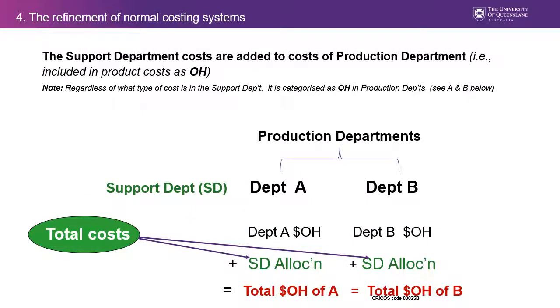So we might find that our support department costs are added to the costs of the production department. So the production departments have support department, Department A and Department B, and Department A has overhead, and we allocate so that we get the total overhead of A and the total overhead of B included in our total costs.